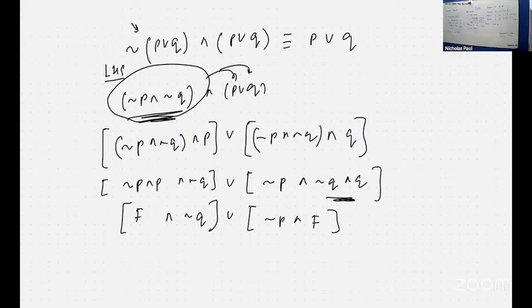Going back to the top, it may have been just false. I feel like I wrote down the wrong thing on top. Anyway, false and anything, that should be false. False and anything is false, so we end up with false or false, which is false.